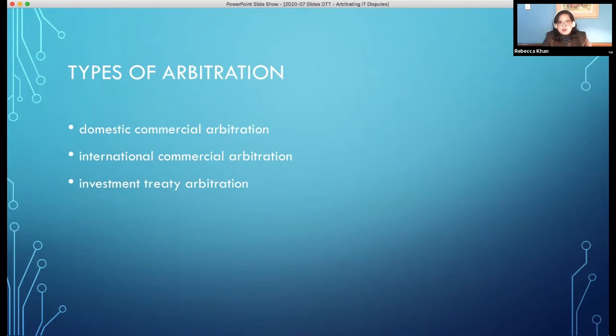We have a treaty, one of the most well-subscribed treaties in the world, called the New York Convention on the Recognition and Enforcement of Arbitral Awards. This treaty is from 1958, and most countries in the world are parties to this treaty. So it's one of those rare treaties that most countries in the world agree on.